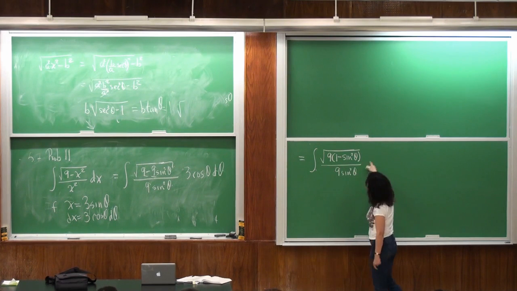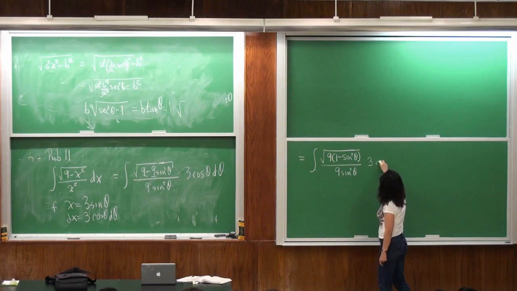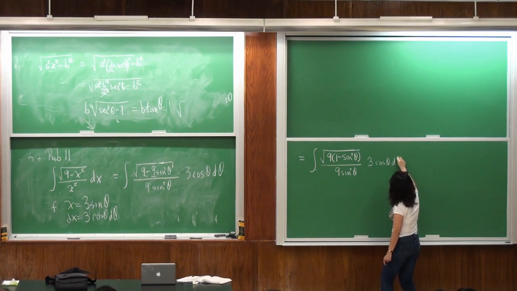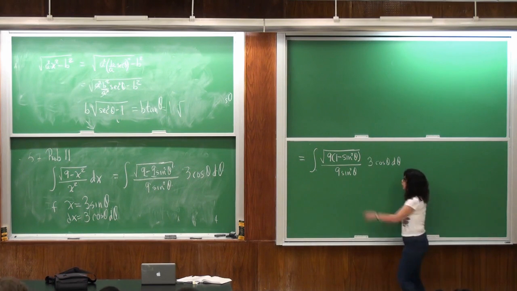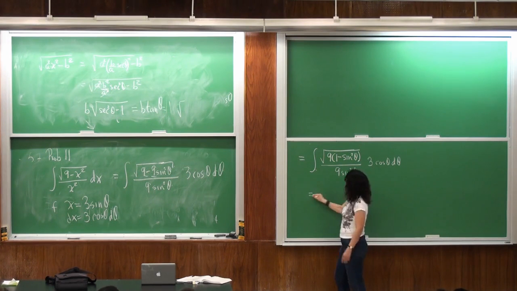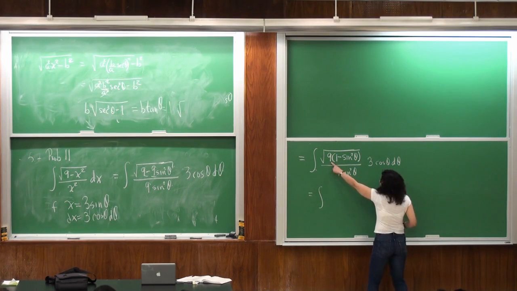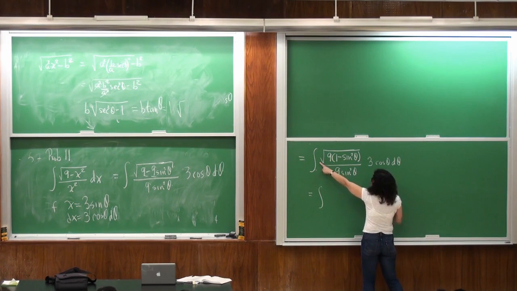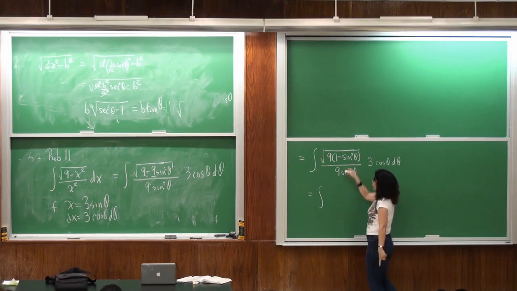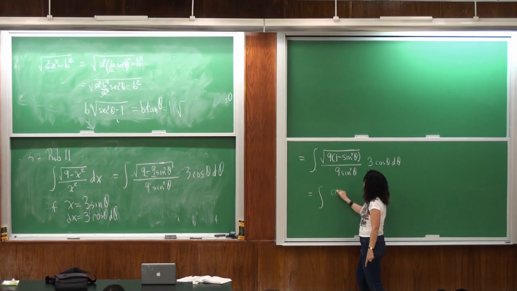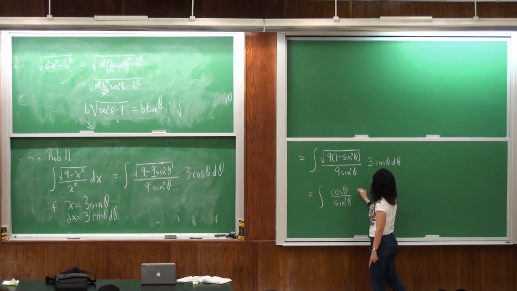And over here I have to put 3 times cosine of theta d theta. So I can simplify, and this 9 is going to go out, like 3 times 3 is 9 divided by 9 is 1. So I'm going to get cosine of theta. Okay. I'm going to simplify it like this and let me know if this is clear.